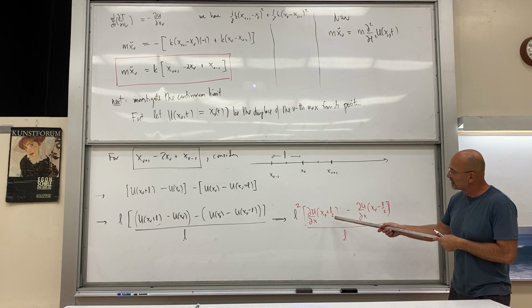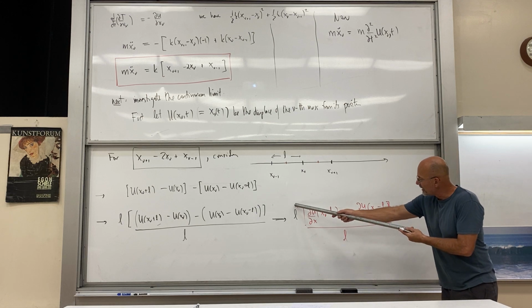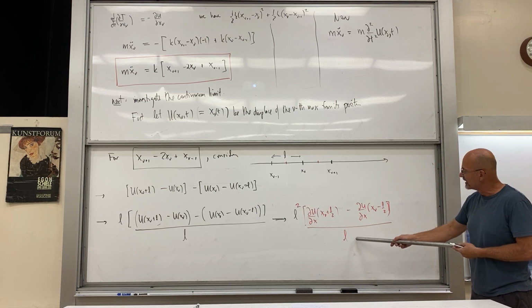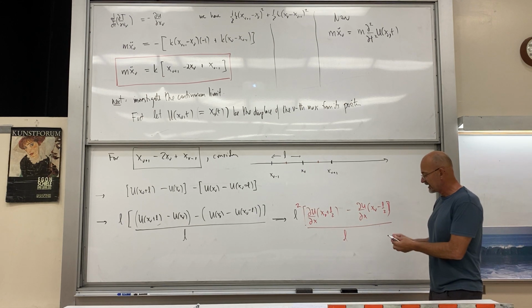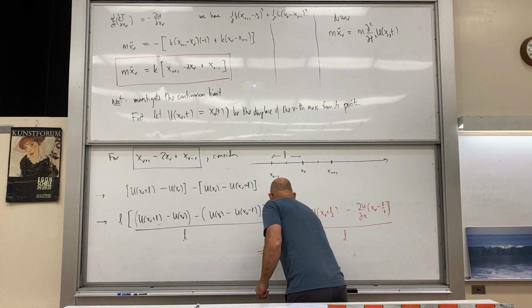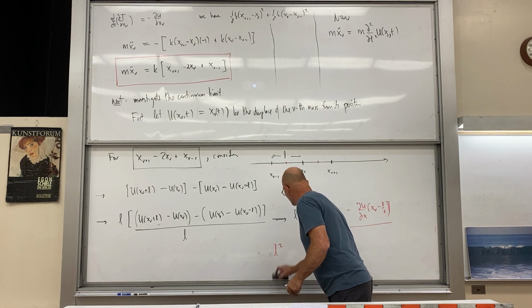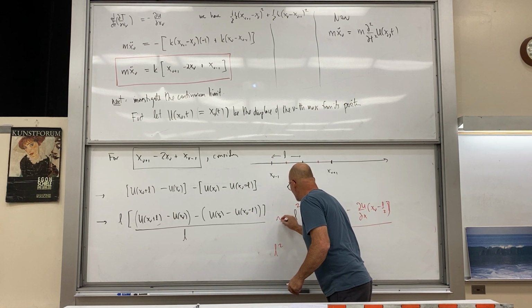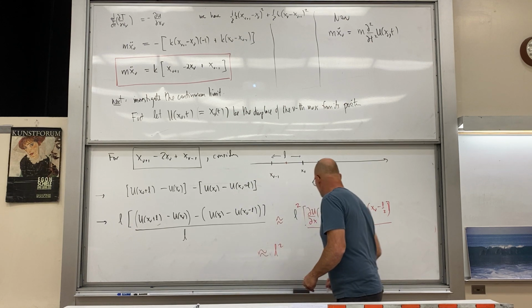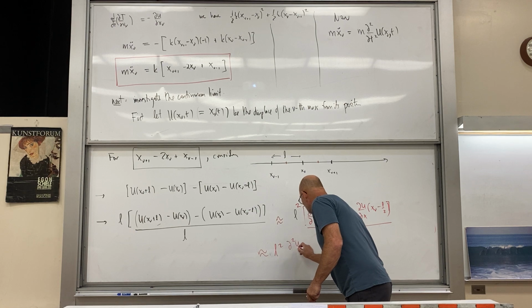Now I incorporated that L into my partials, therefore I multiplied by L over L again, and what you see is I have approximately, because these are approximations, L squared d squared u dx squared at x sub nu.